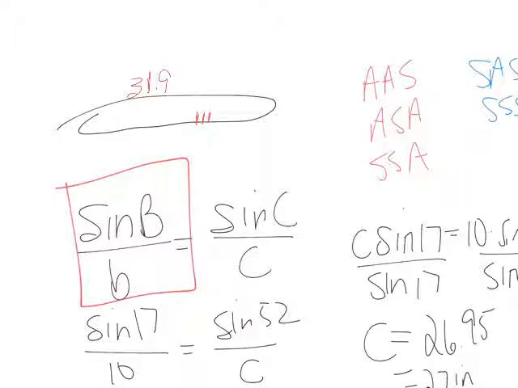And what did we get first? We got roughly 27. So across the medium angle, 52, should be the medium side or middle side, and across from the smallest angle should be the smallest side. So you can verify it just like you did when we did the right triangle trig.